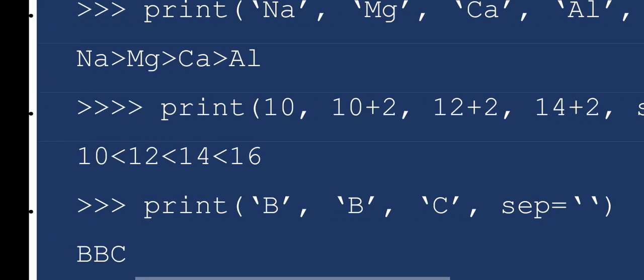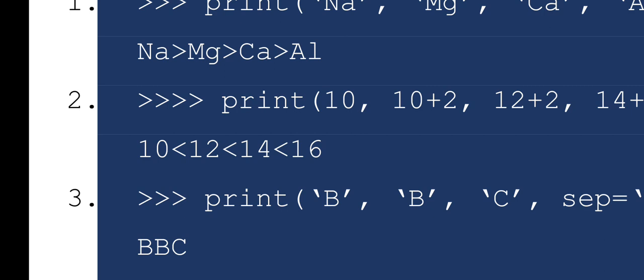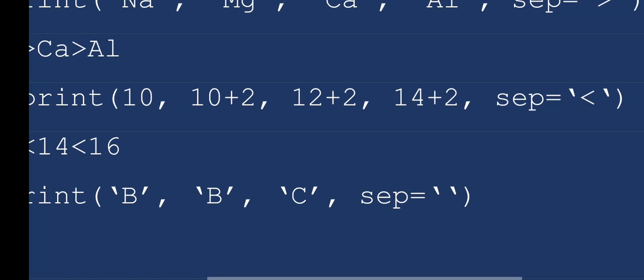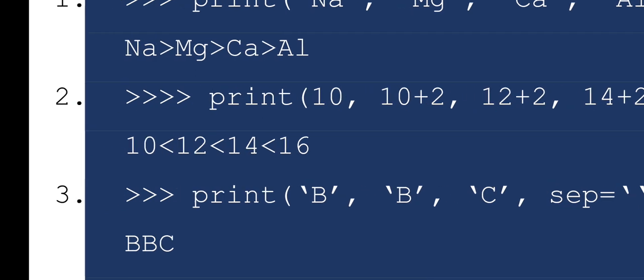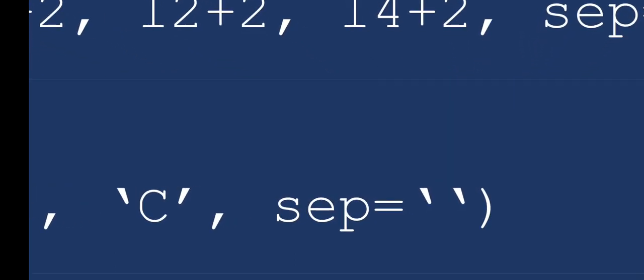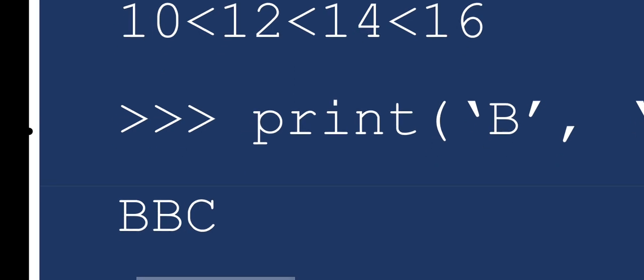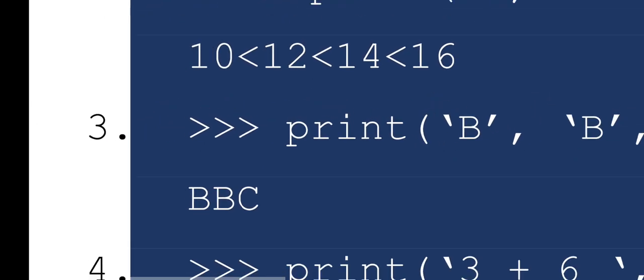So in the output we get BBC without space. Note that without providing this optional keyword argument, the output will be B space, then B space, then C. But by specifying that we don't like any space using the sep keyword argument, we get BBC without space in between the arguments in the output.